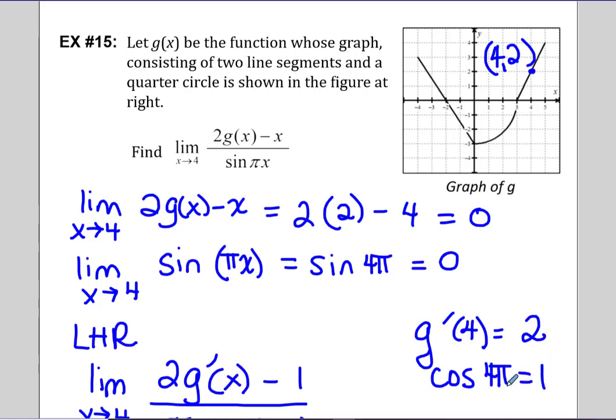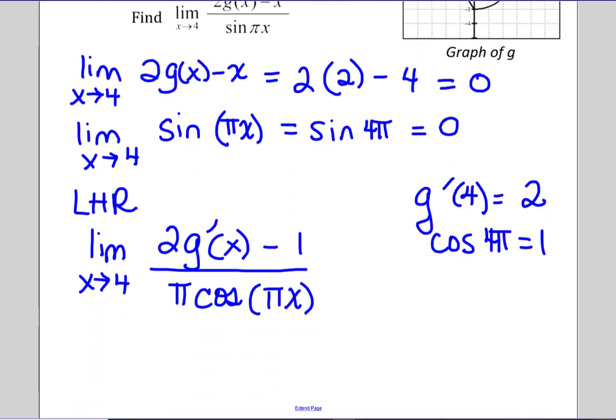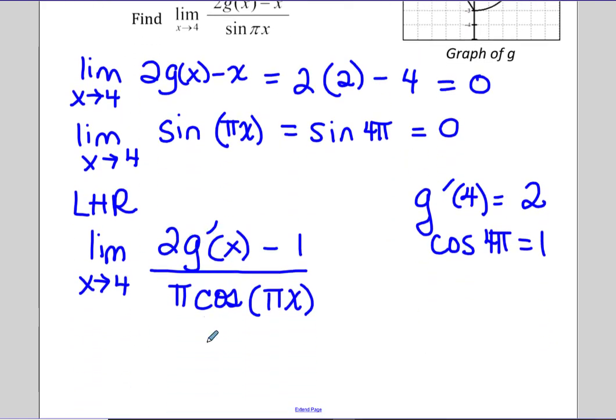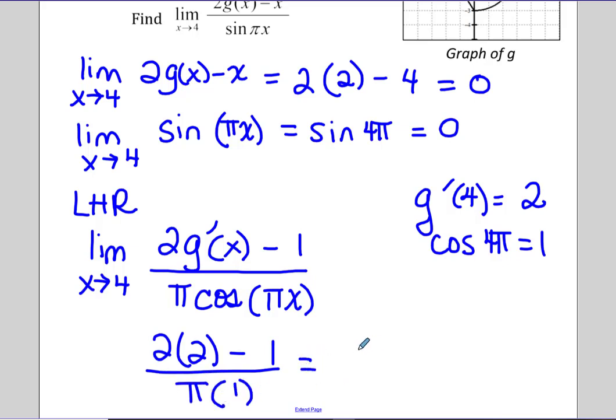And we know that the cosine of 4 pi is going to be 1. So substituting 4, we got 2 times 2 minus 1 divided by pi times the cosine of 4 pi. So 4 minus 1, we have a limit at 4 of 3 divided by pi. And that, my friends, is indeterminate form.